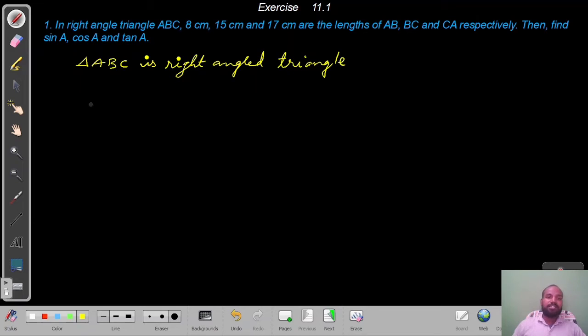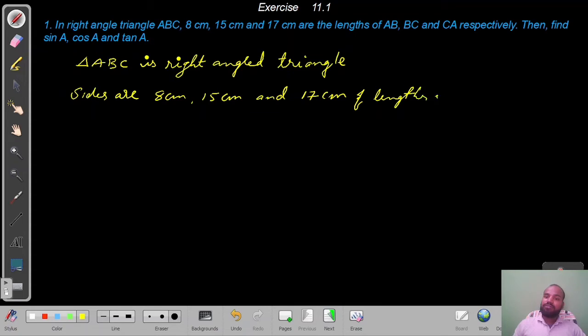Triangle ABC is a right angled triangle and the sides are 8 centimeters, 15 centimeters and 17 centimeters, the lengths of AB, BC and CA respectively.